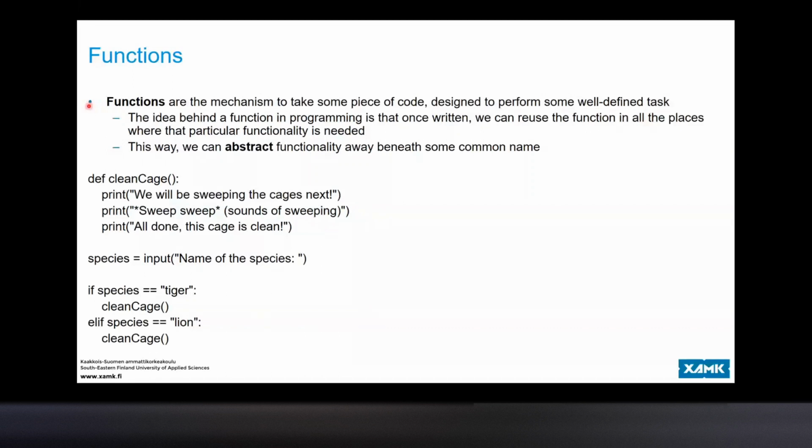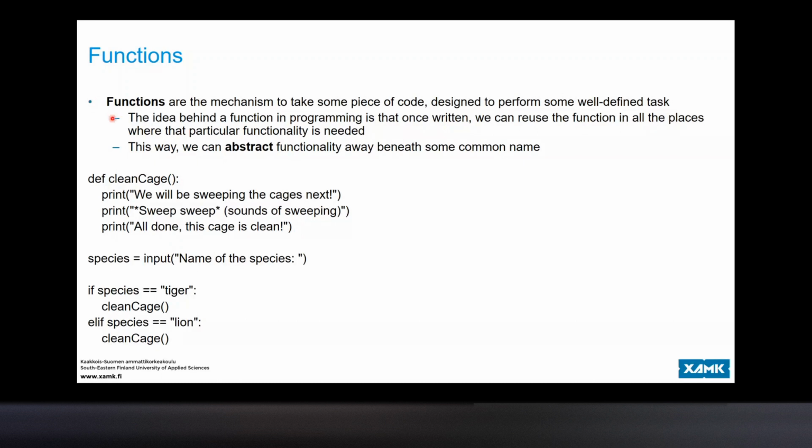What a function actually does is allow us to take a piece of code that's designed to perform some well-defined task. So we take a little piece of code that does something very specific.